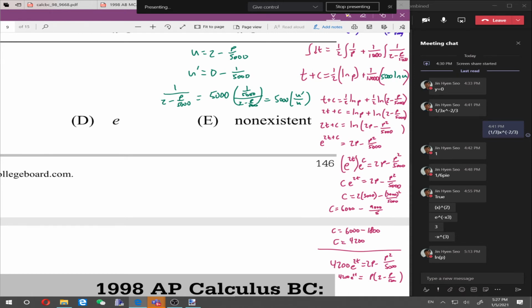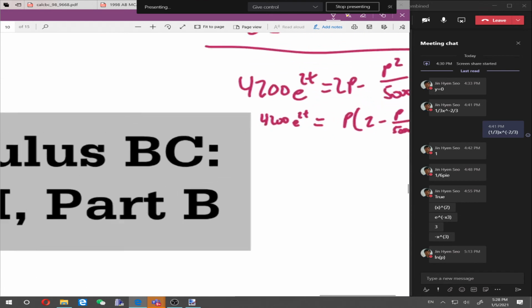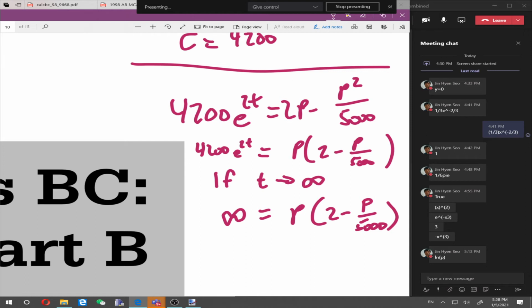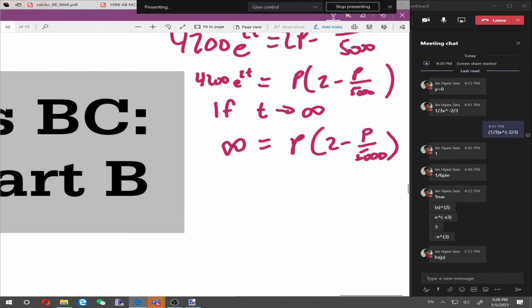If t goes to infinity, my left side is infinity. Okay, so I'm looking at this and trying to maximize my population now.